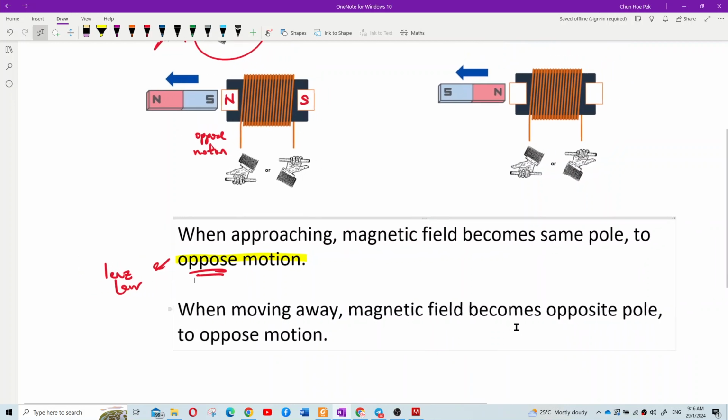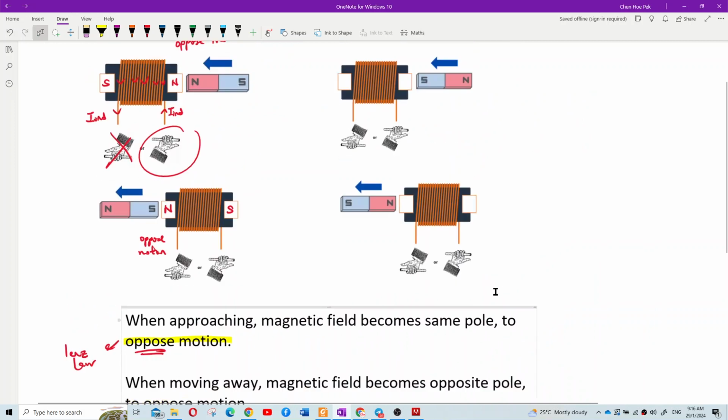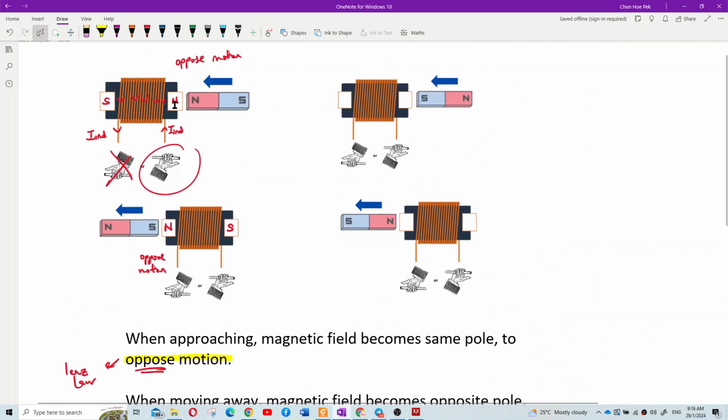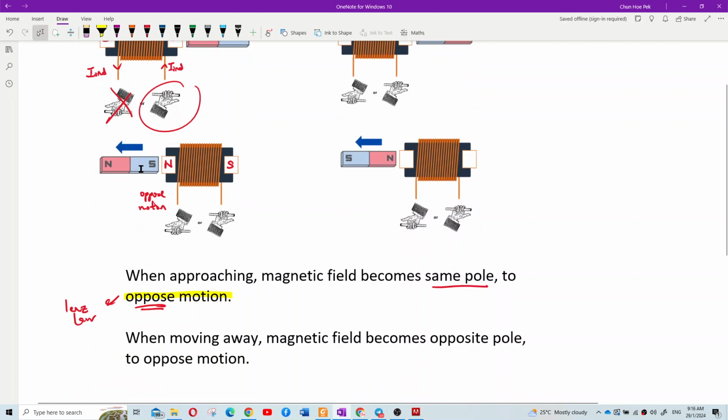Okay. So when approaching, so bila approaching, dia akan nak oppose the magnet lah. Dia nak oppose the magnet. So dia nak slow down kan magnet. Dia produce same pole. Bila magnet nak moving away, dia nak slow down kan magnet juga. Dia nak tarik balik.